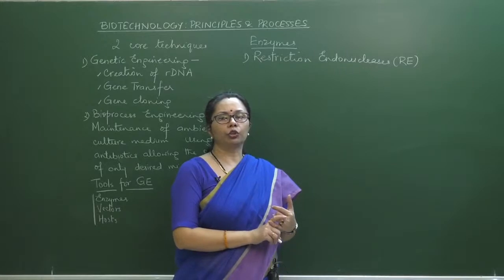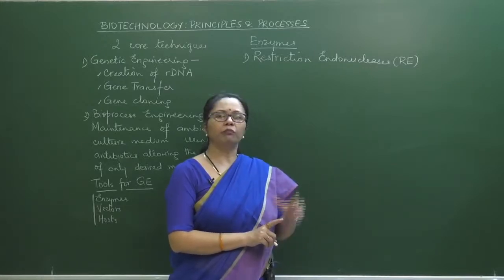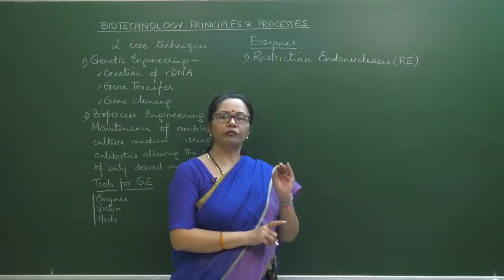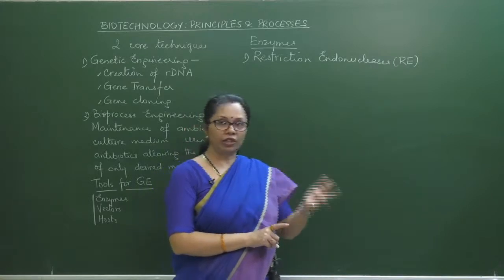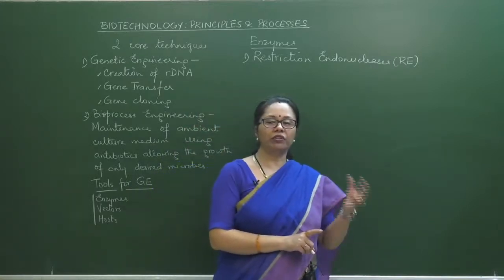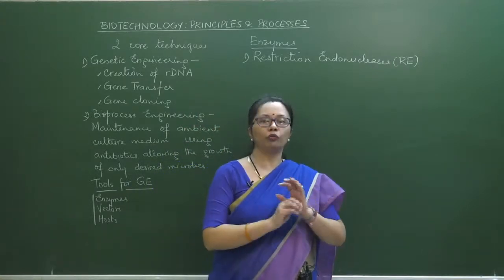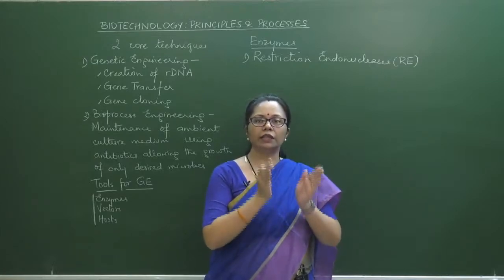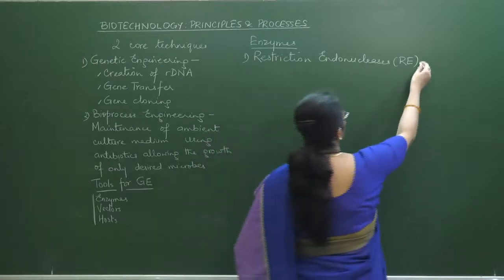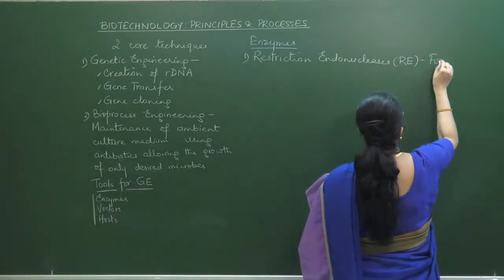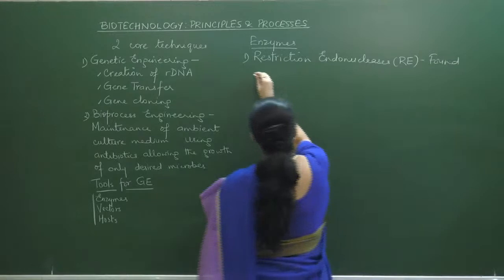Few days back there was a question in the NTA app where they had mentioned viruses, but that was a wrong one, where it should have been reverse transcriptase, and maybe that was to be typed and restriction endonuclease was typed. Don't worry about that, because these are found in bacteria and bacteria only.